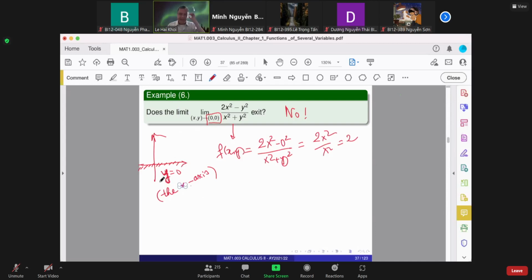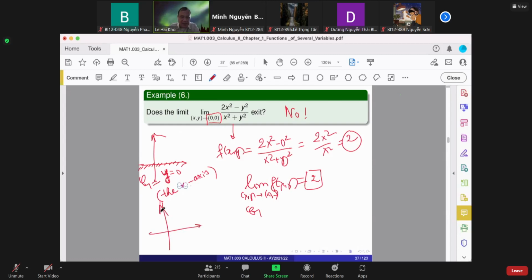Along this path, C1, the value is always 2, so the limit of f(x, y) as (x, y) tends to 0 and belongs to C1 is 2, right? And the other path you can take is x equal to 0, which means the y-axis. This is C2.